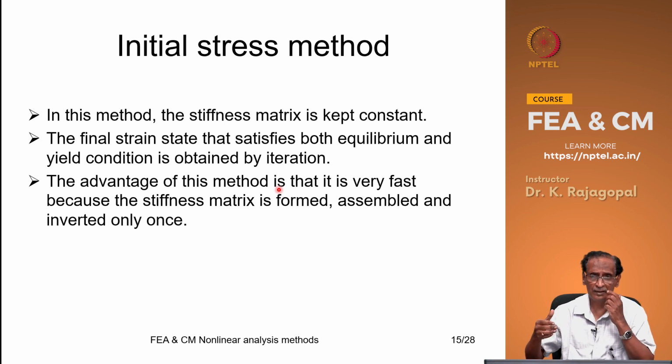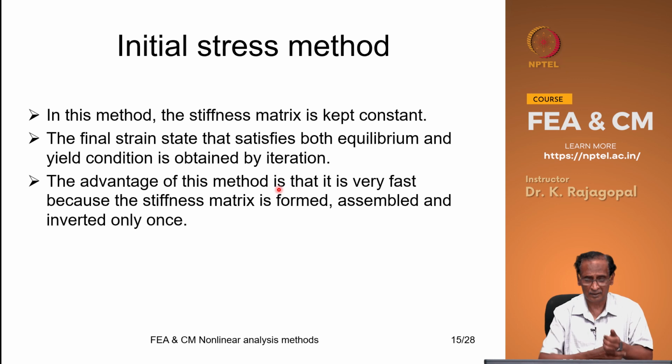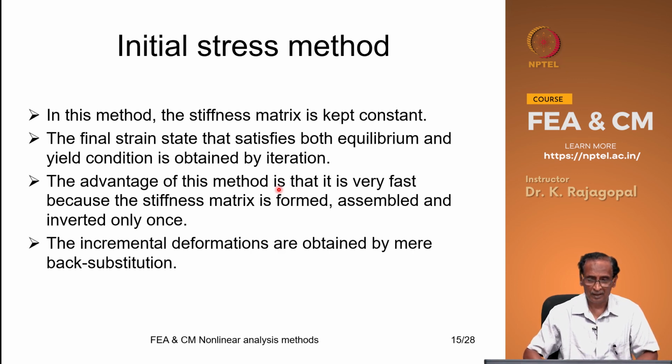The stiffness matrix calculations for all the elements and their assembly, and then after we assemble the stiffness matrix, we make it an upper triangular matrix, that is the inversion. We do it only once, and in the iterations we only do the back substitution, which is very fast. As we iterate, we get the incremental deformations just by mere back substitution.